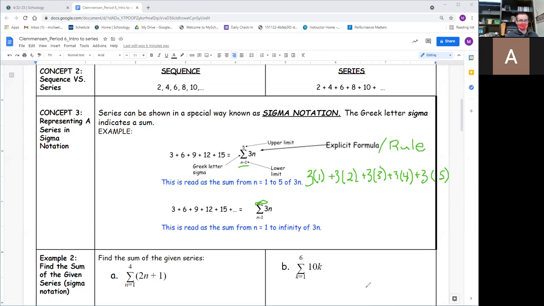Are there any questions on how we write sigma notation so far? Just mostly on the lower limit, upper limit, and explicit rule part, before we practice a little bit more.